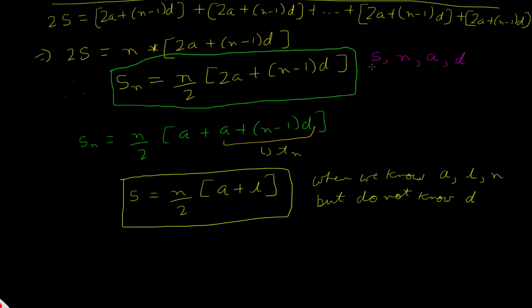So if we know any 3 of these things, then we can find the 4th variable. So if we know, let's say, the number of terms, the first term and the common difference, we can find the sum. If we know the sum, number of terms, the first term, then we can solve for the common difference. We will solve more examples in the coming lectures, so this will keep on getting more clear.